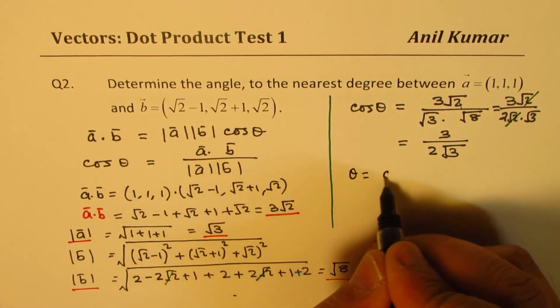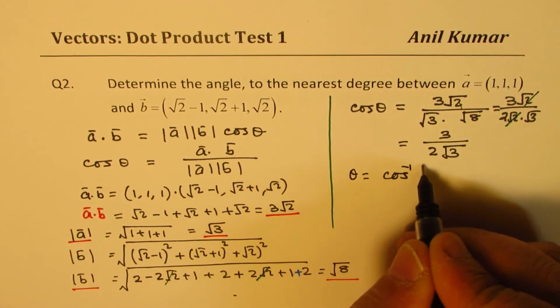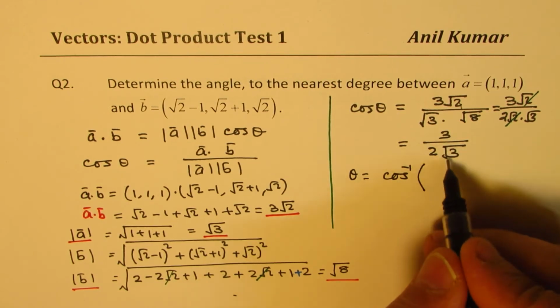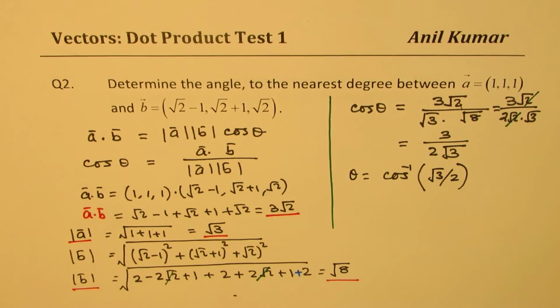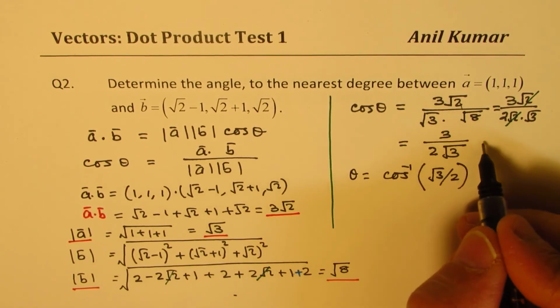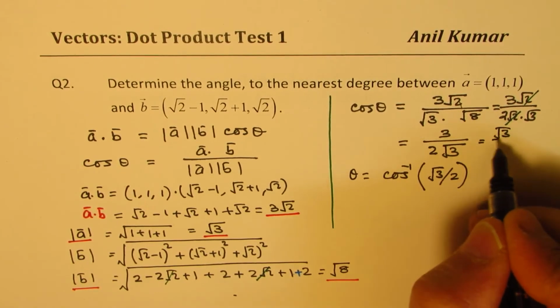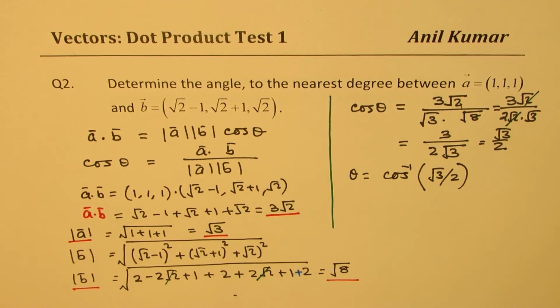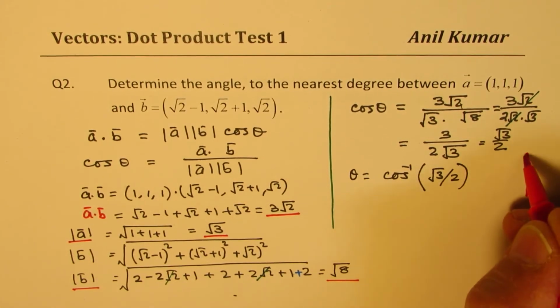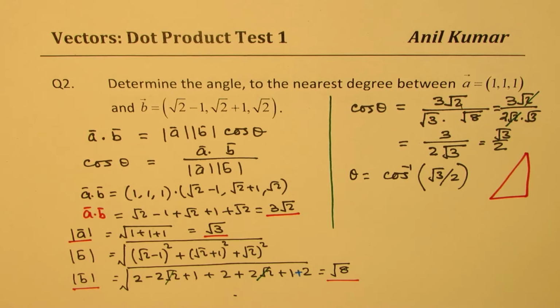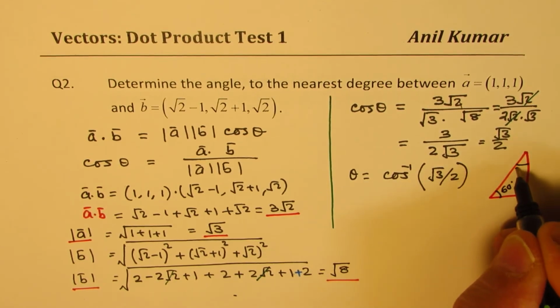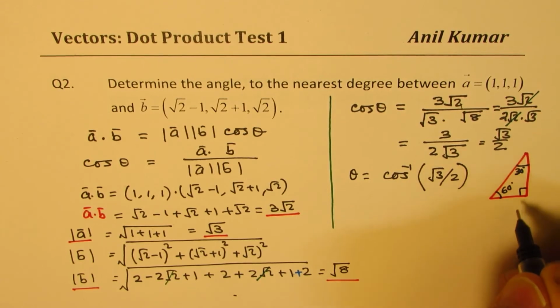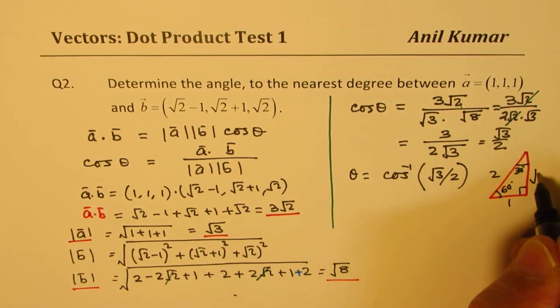So theta is equal to cos inverse of, if you want, you can also write this as square root 3 over 2, right? So that is what you get. Now from your special triangles, actually you know what this theta angle is, right? So if you use the 30, 60, 90 special triangle, in that case, you know the sides.